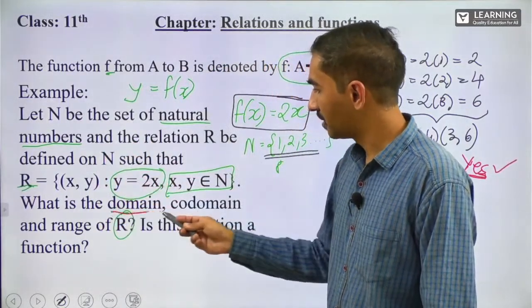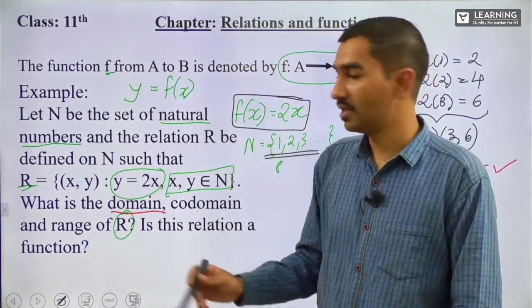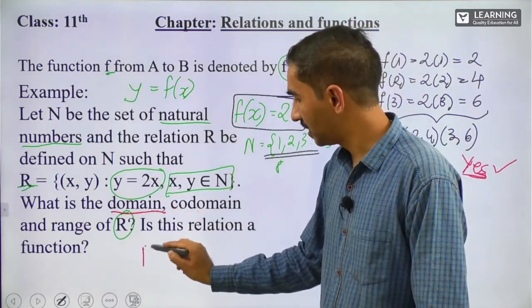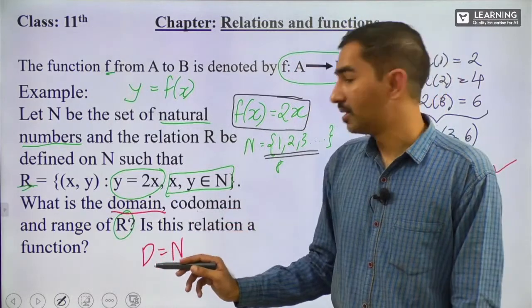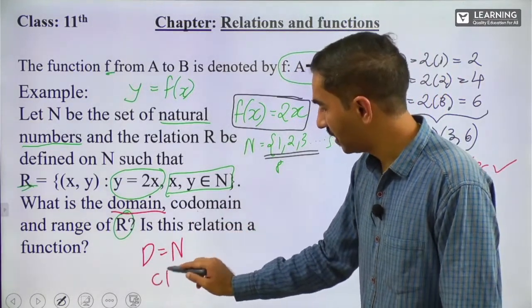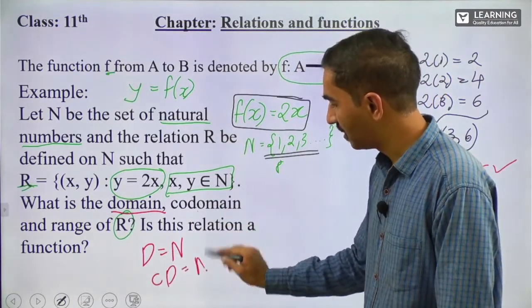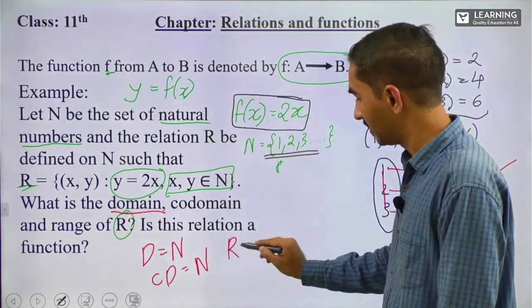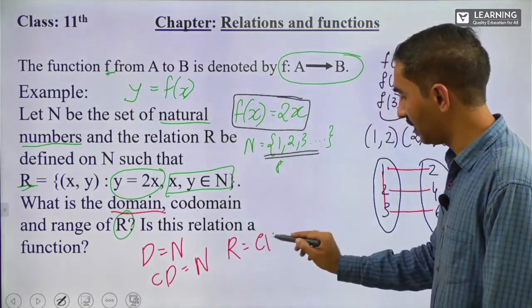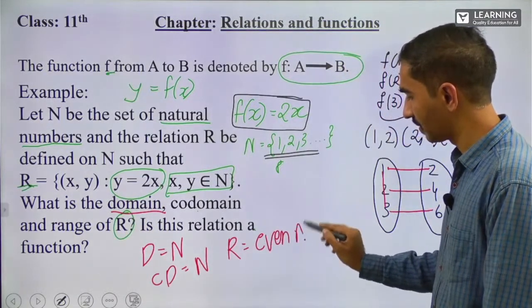Now, going back to the very first question again, what is domain? Domain means what? Input values. So what is domain, students? Domain is nothing but the set of natural numbers. What is codomain? Codomain is also the set of natural numbers. But what is range? Range is the set of even natural numbers. Correct?